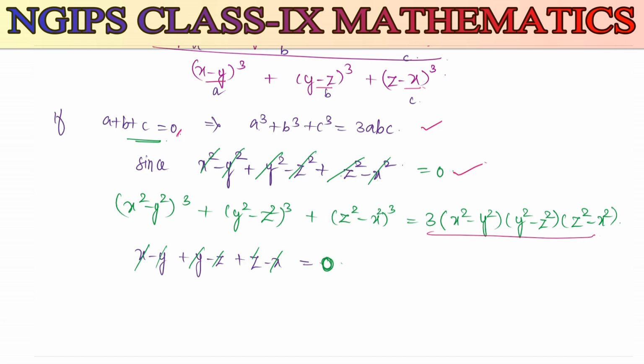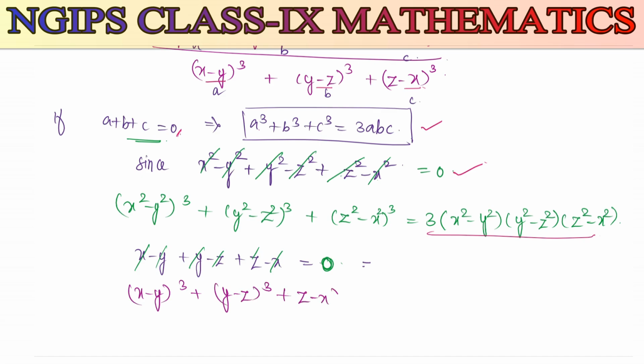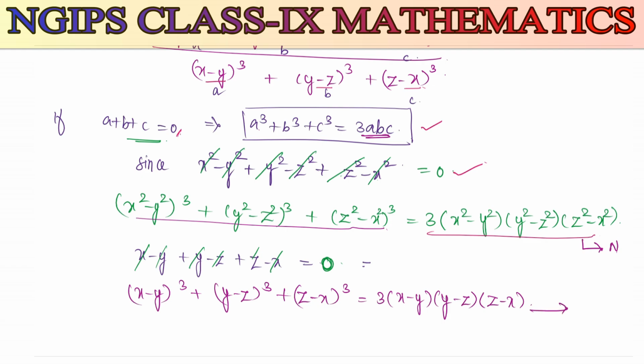So we can apply the formula a³ + b³ + c³ = 3abc. We get (x − y)³ + (y − z)³ + (z − x)³ equal to 3 times (x − y)(y − z)(z − x). Now I am going to substitute the values in the numerator and the denominator.